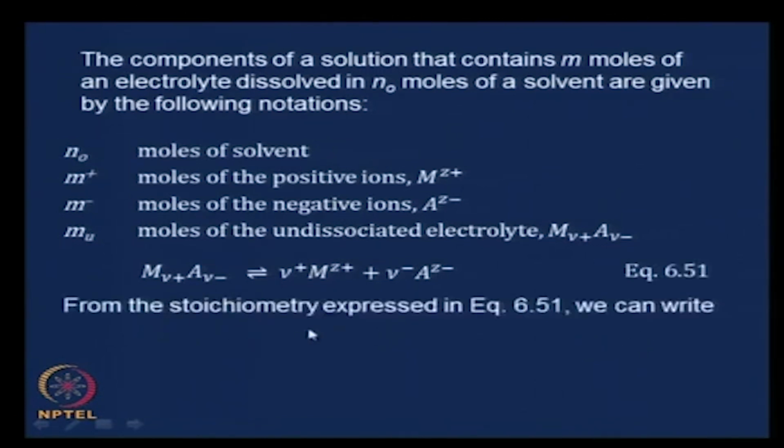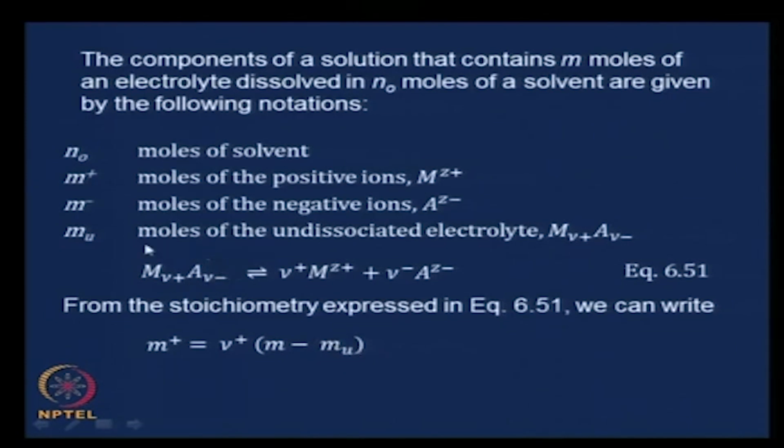Now, from the stoichiometry as given here, it is quite easy to see that the number of moles of positive ion as represented by M plus is nu plus times M, where M is the total number of moles of the electrolyte, minus the moles of the undissociated electrolyte.